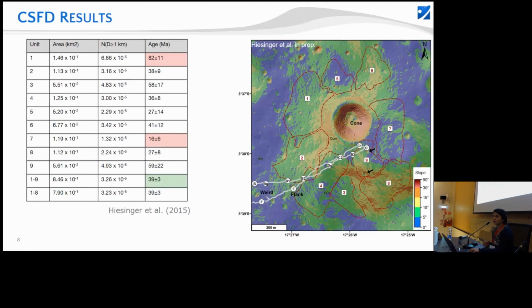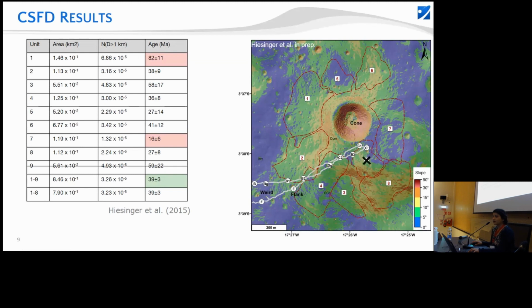Then I started looking for obvious problems. Here, for example, in area 9, we see 2 big craters, which could add errors in CSFD measurements. And we see the variation of the slopes in this region. I would immediately say no, I won't take this area.